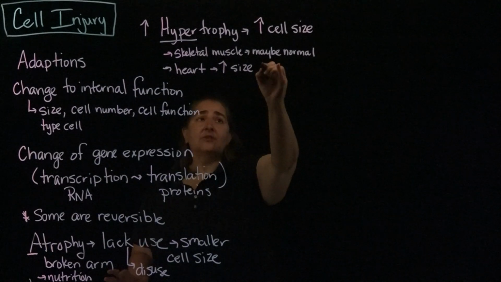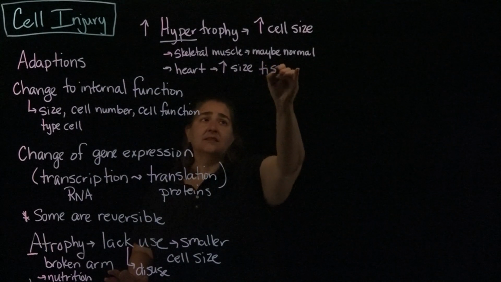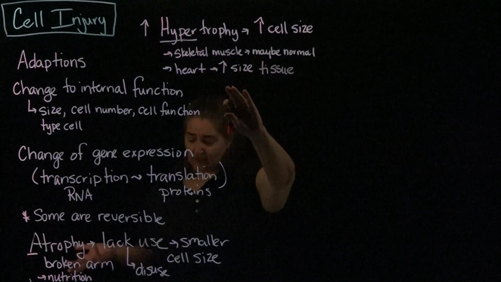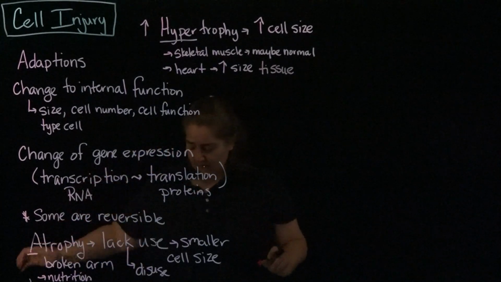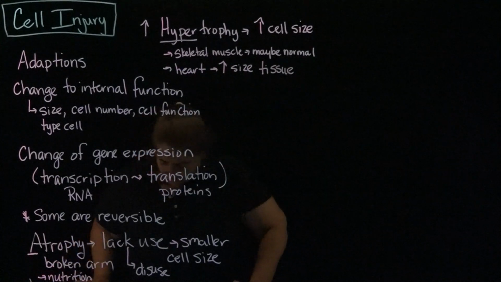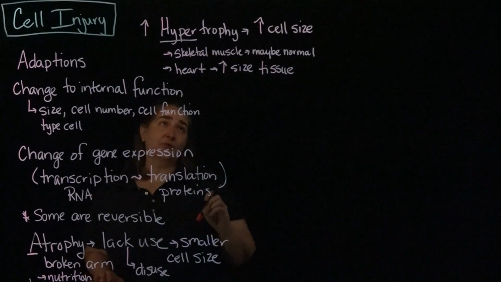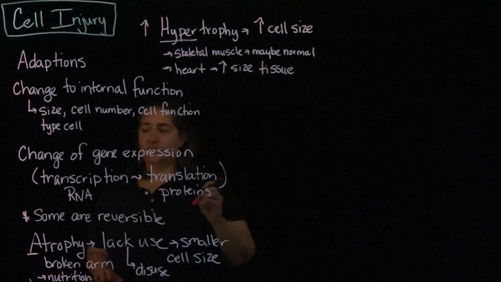So you've got an increase in the size of the tissue, the heart in this case, okay? So that's kind of my example for hypertrophy. You've got an increase in cell size.